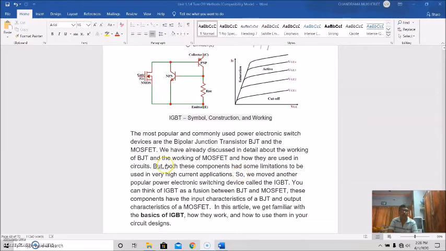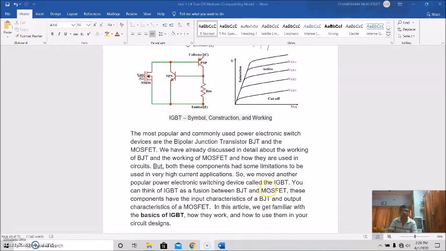We have already discussed in our earlier semester the BJT and MOSFET, their working, and how they are used in circuits, etc. So you are already familiar with these, but these components have some limitations to be used in very high current applications.